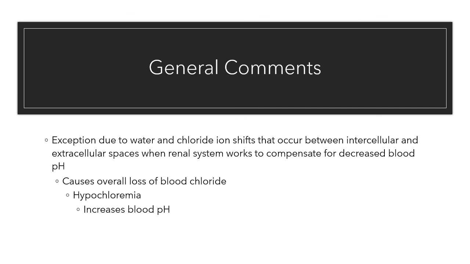Another exception is due to water and chloride ion shifts that occur between intracellular and extracellular spaces when the body works to compensate for decreased blood pH. This can cause overall loss of blood chloride, resulting in hypochloremia and increased blood pH.